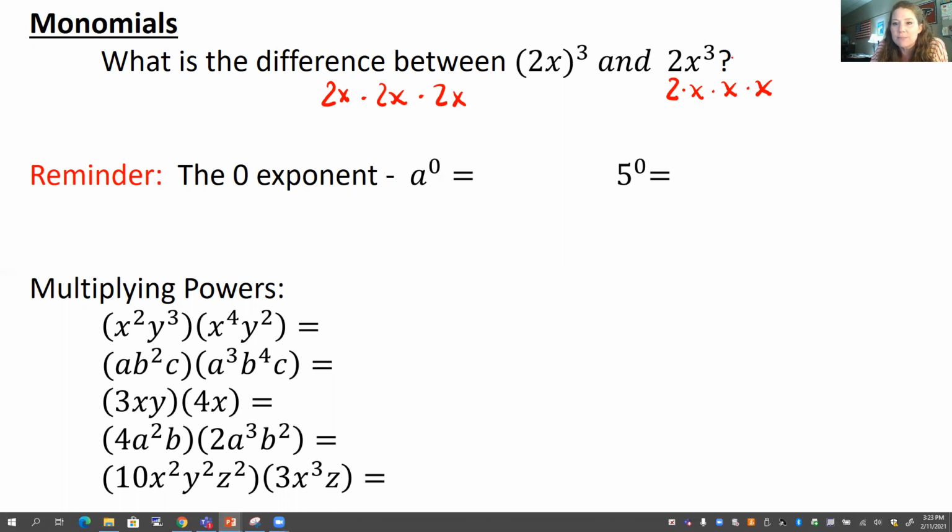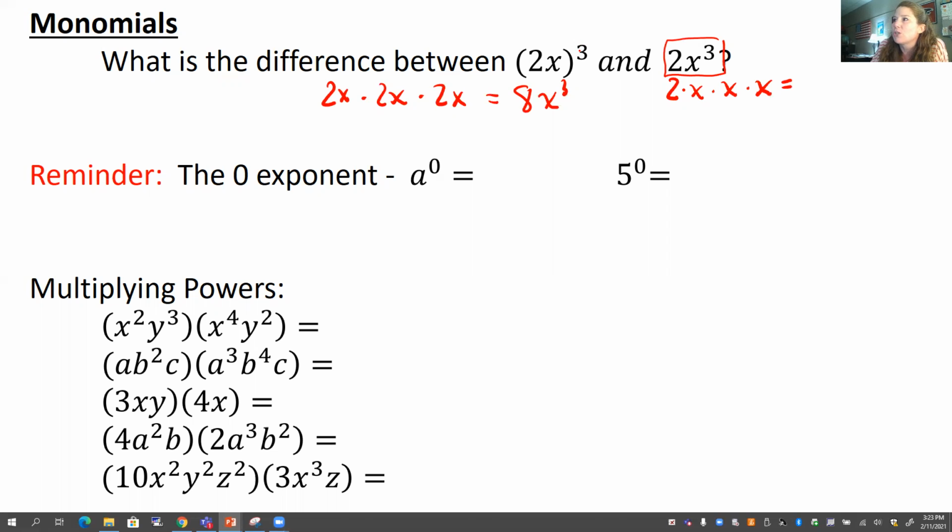So wherever the exponent is, whatever it's directly connected to, that's the only thing that's being raised to that power. So 2 times 2 times 2 is 8, and x times x times x is x to the third. And this answer is simply what we started with, 2x to the third power, okay?